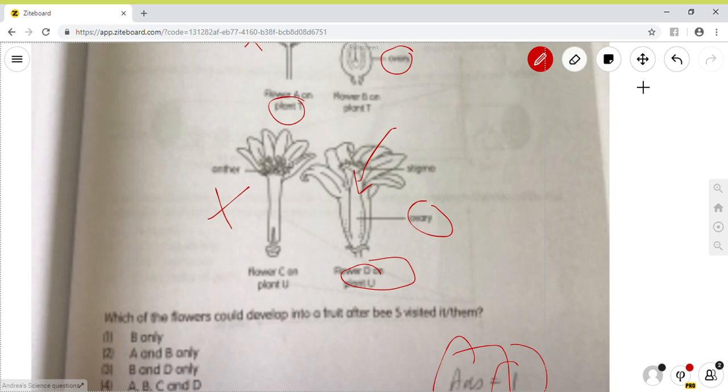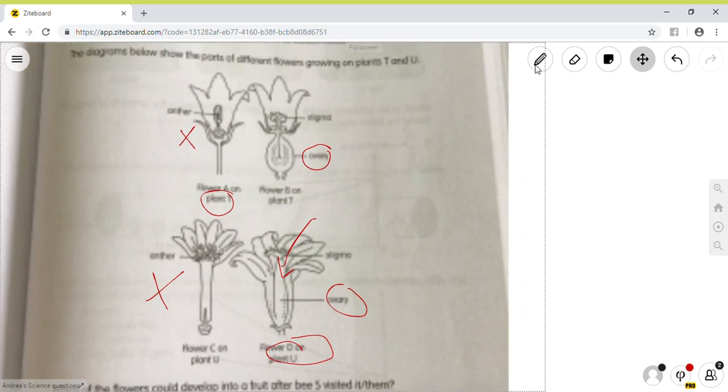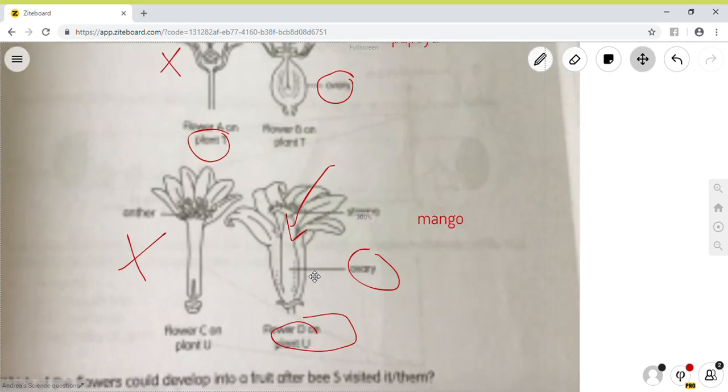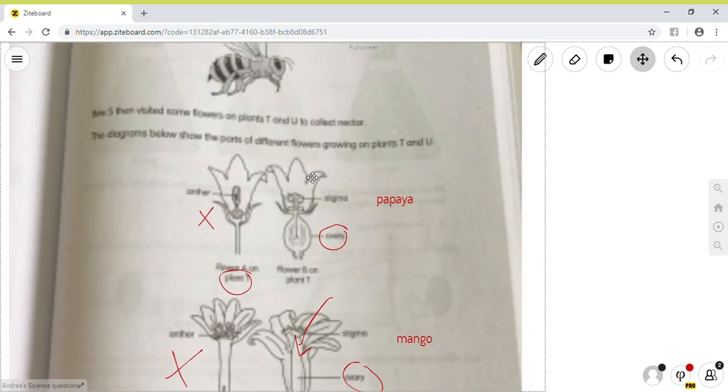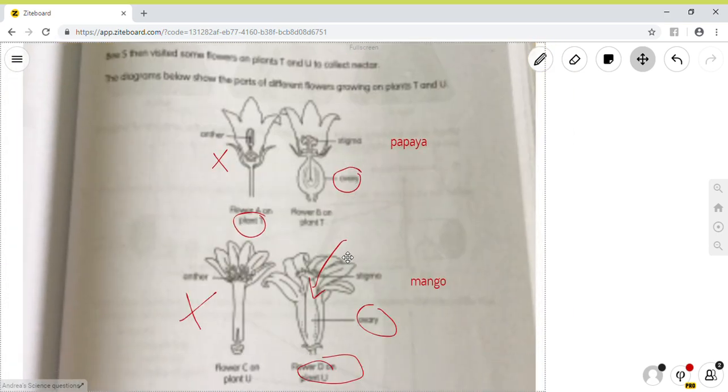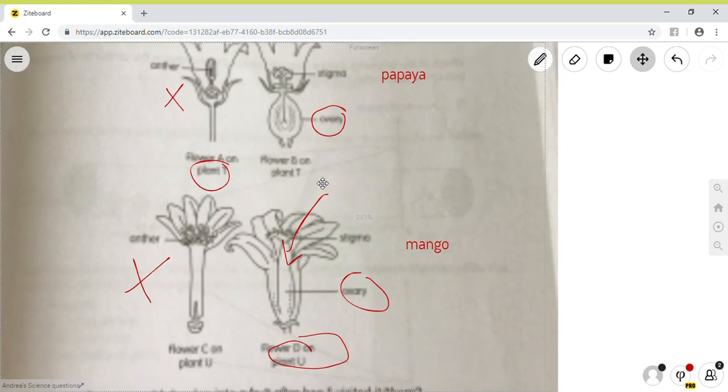But they can what? Cross-pollination. No, different plant. This one maybe like papaya, then this is like mango. Oh, totally different one, huh? Yeah, different plants. So the pollen grain from papaya cannot pollinate mango. I was wondering how come, because both have ovary, right?